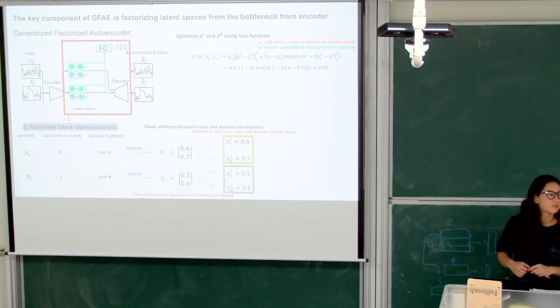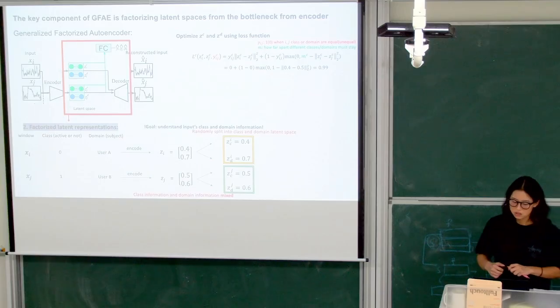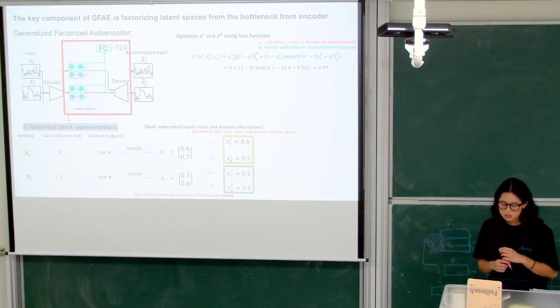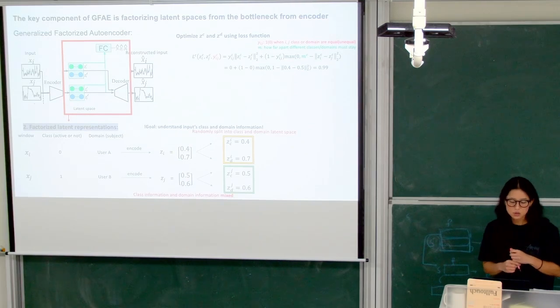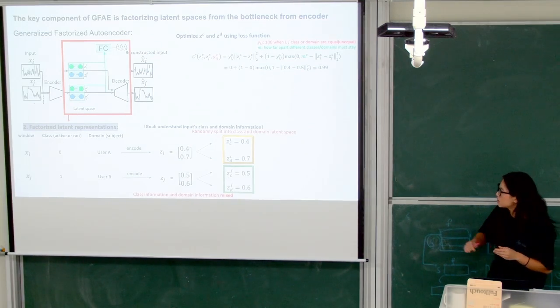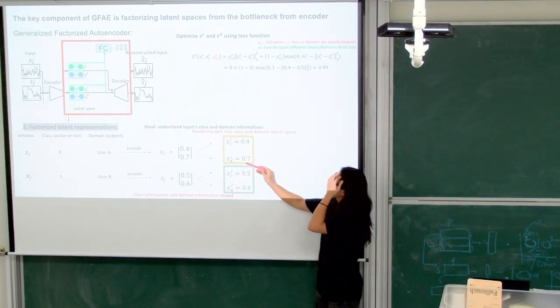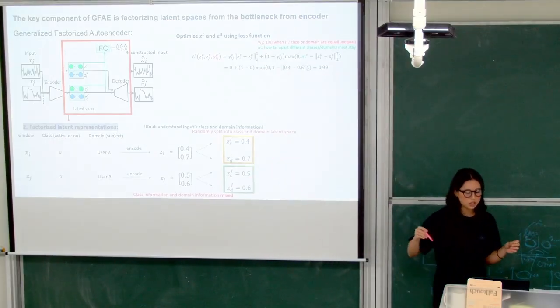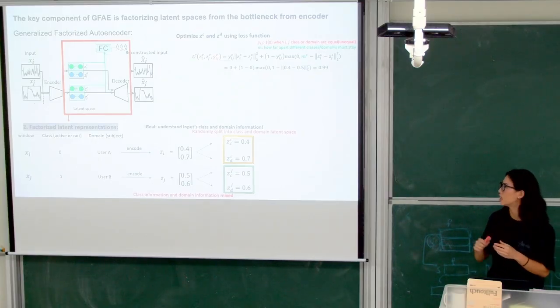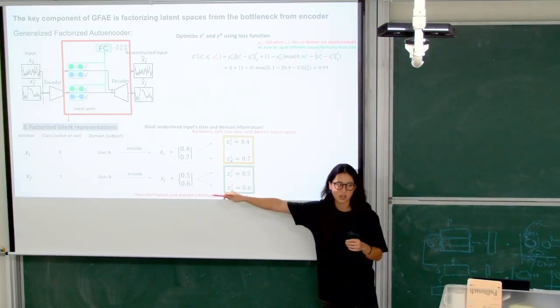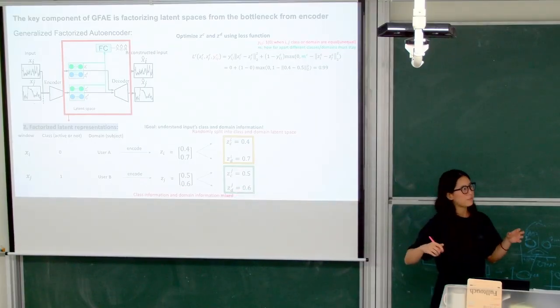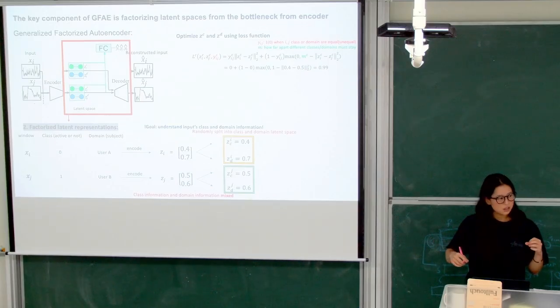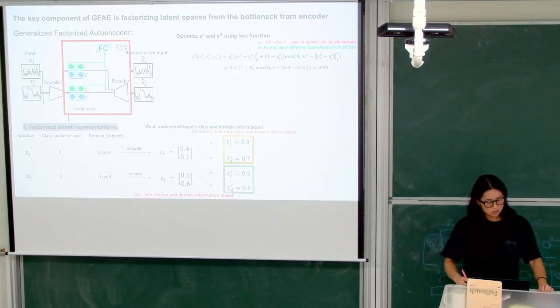What do we mean by optimizing ZC and ZD? Since these two have mixed class information and domain information, it creates a relationship between x1 and xj. So it's like first randomly splitting Zi, but is it to optimize how to partition Zi?